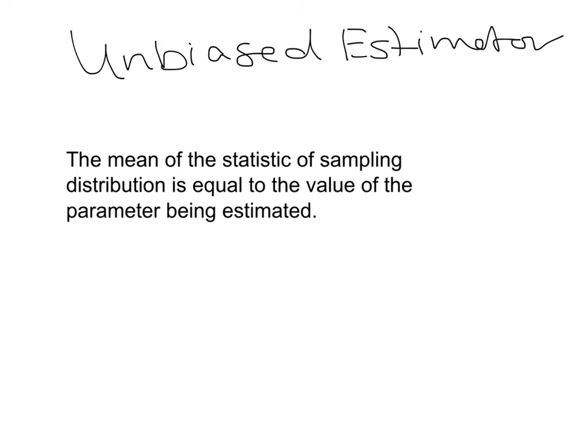So the more samples we take, the closer we get to the true parameter. That sounds familiar, like the law of large numbers: the more times we flip a coin, the closer it gets to its true probability. Same thing, the mean of a statistic of a sampling distribution is going to be more equal to the parameter being estimated the more samples we take.